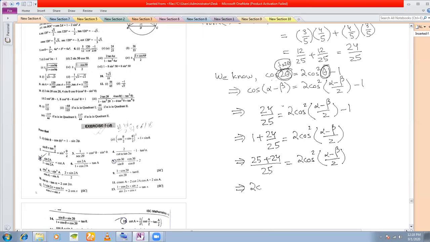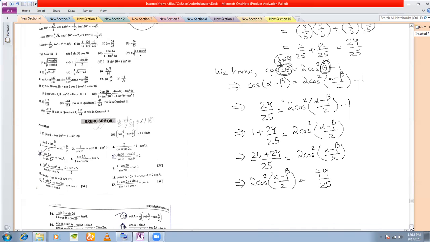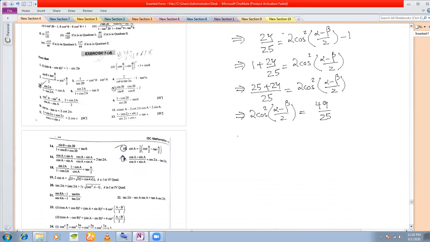That means 2 cos square((alpha minus beta) by 2) must be equal to 49 by 25. That means cos square((alpha minus beta) by 2) is 49 by 50.